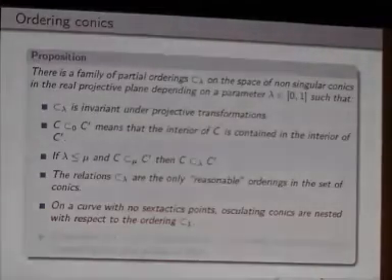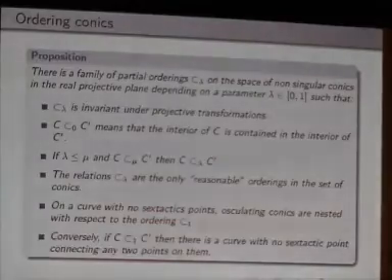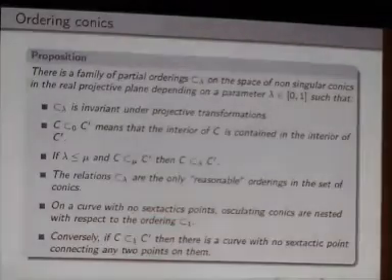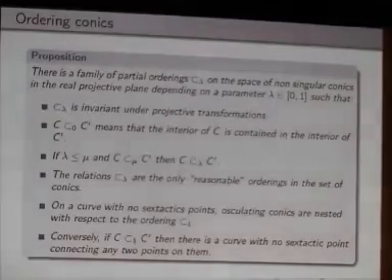Is the statement clear? And finally, the converse is true. If you have two conics, one being included sub-1 in the second one, then it is possible to connect them by a curve, and so on.